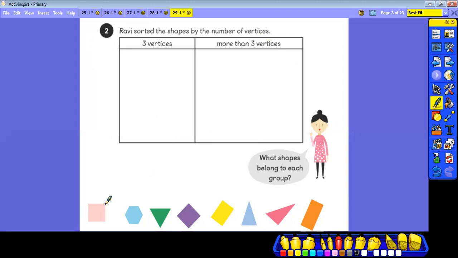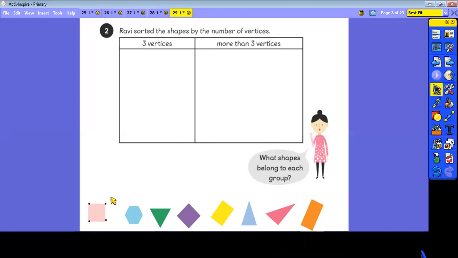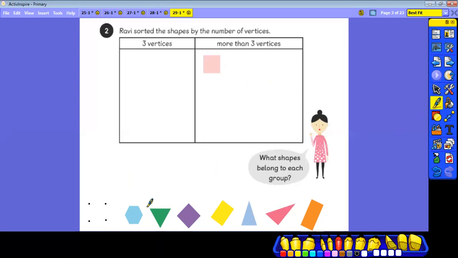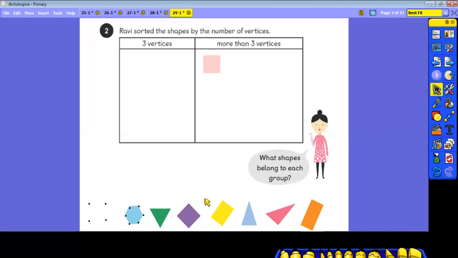So let's start with this pink one. 1, 2, 3, 4 vertices. So I'm going to move that into this box: more than 3 vertices. And then I'm going to count the vertices on my second shape. 1, 2, 3, 4, 5, 6. Another shape that needs to go into this box. What about this shape, children?